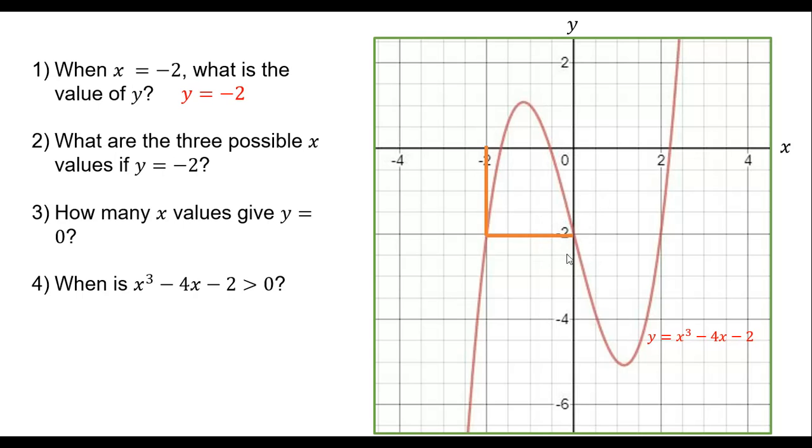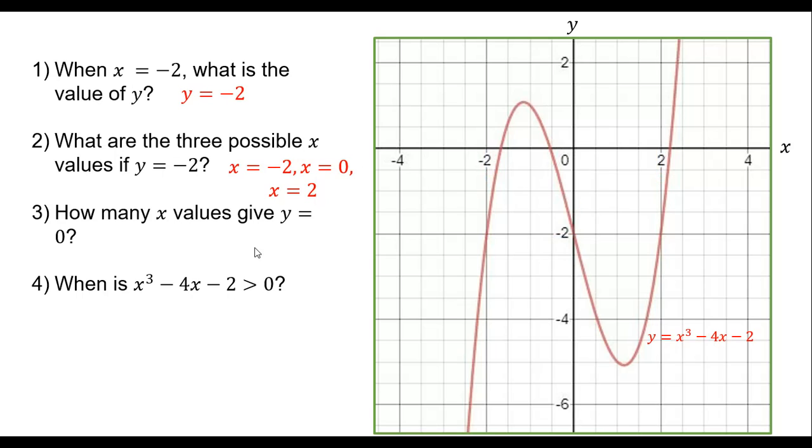So x equals 0 is another value that satisfies this condition. And similarly, we can follow along here from y equals minus 2 in a straight line to hit our graph, and then follow it up again to x equals positive 2. So our three possible values of x that satisfy y equals minus 2 are x equals minus 2, x equals 0, and x equals 2.